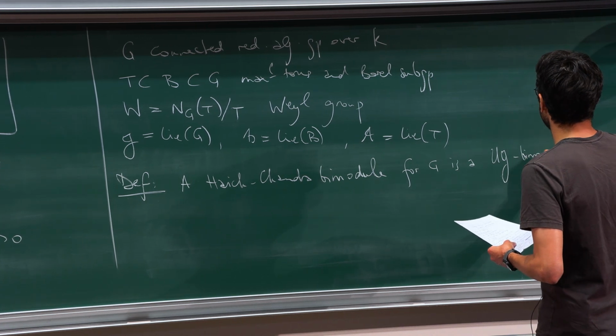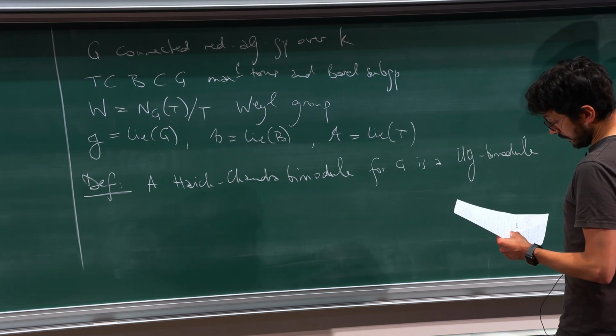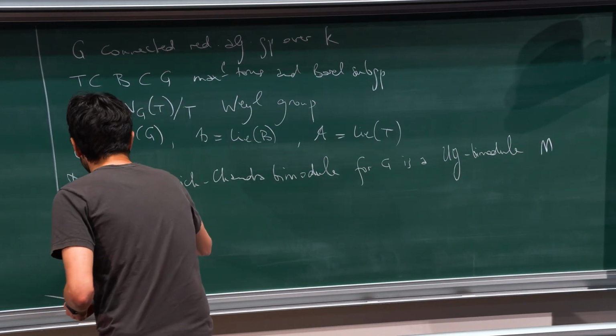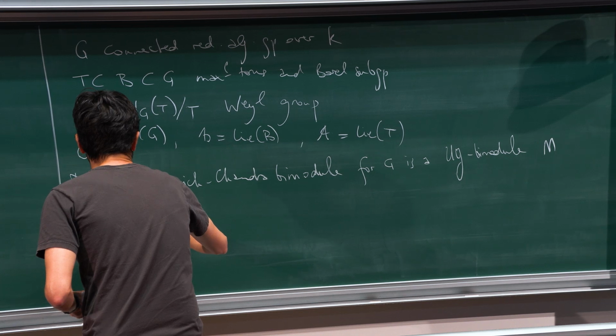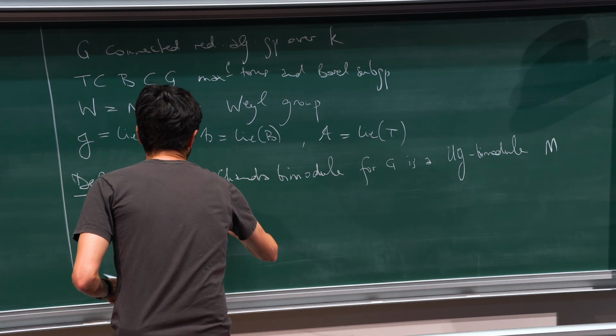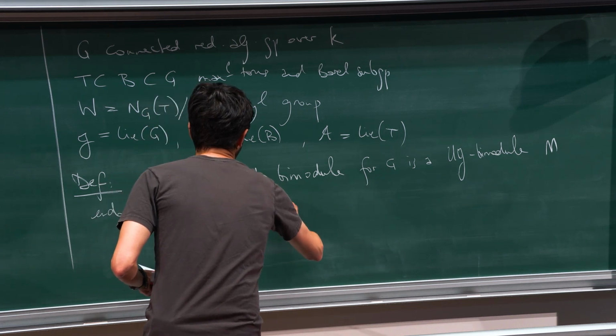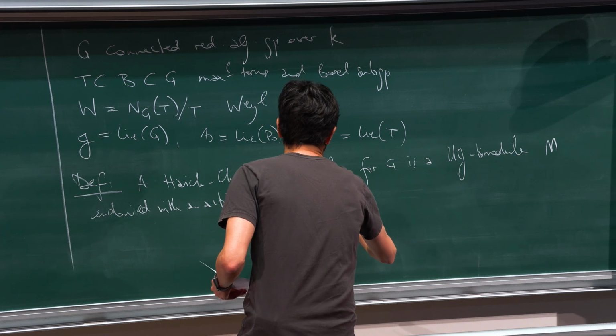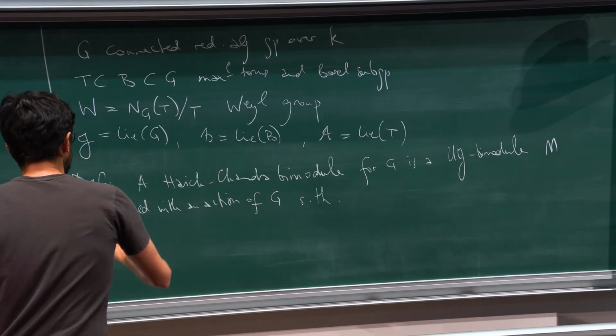So this is a UG bimodule M, which is endowed with an action of my group G, such that two conditions are satisfied.